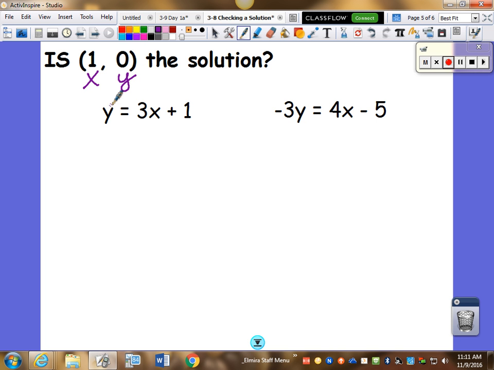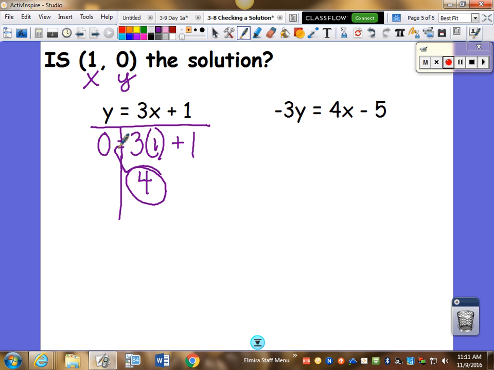So the y value is 0. 3 times x, that's 1, plus 1. Nothing to do on the left-hand side, but 3 times 1 plus 1 is 4. Now, these two sides did not come out equal.